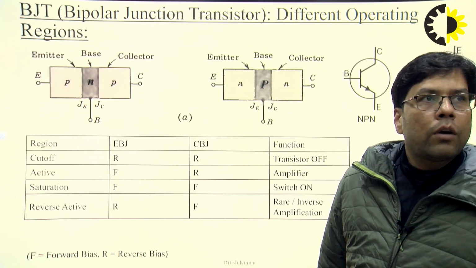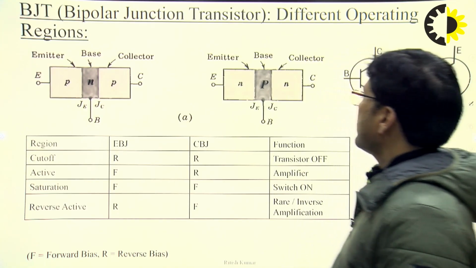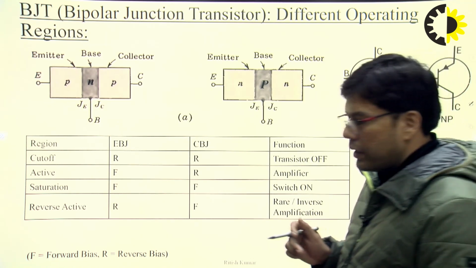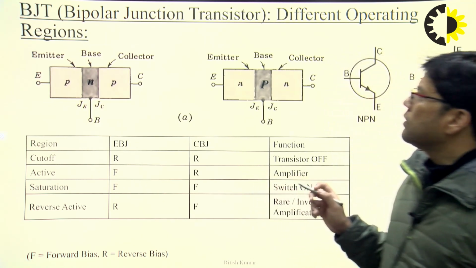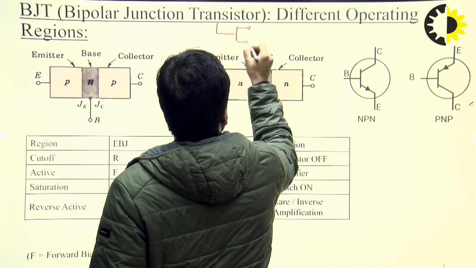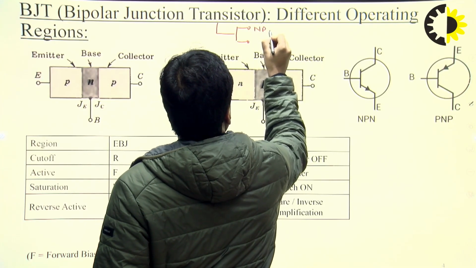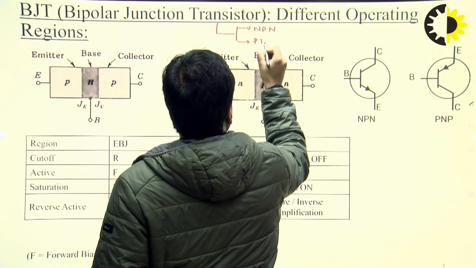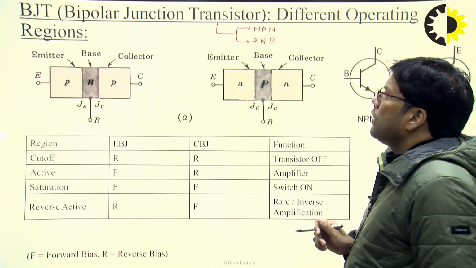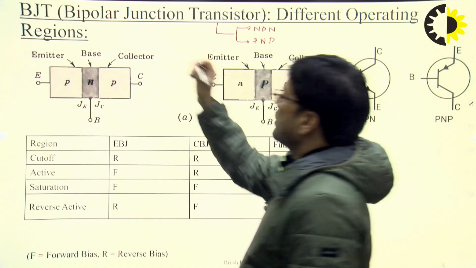So let's begin the topic BJT, bipolar junction transistor, and different operating regions. As we know, there are two kinds of junction transistor: NPN and PNP. First we need to understand why we call it bipolar junction.